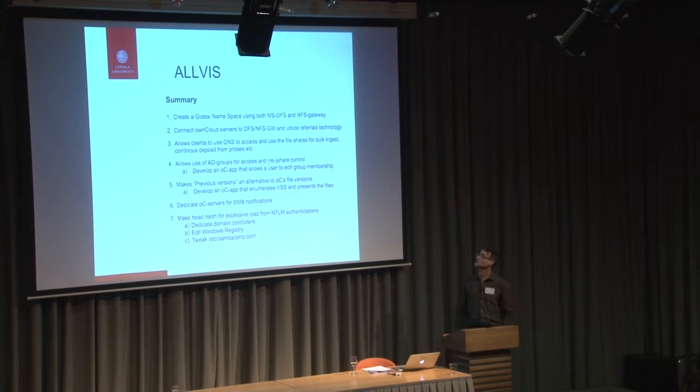And a short summary. First of all, create the global namespace, one easy-to-remember point of origin for both clients and servers to go to, and connect the ownCloud service to the namespace.